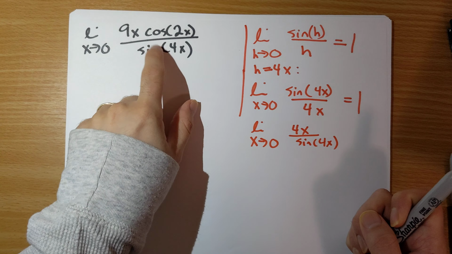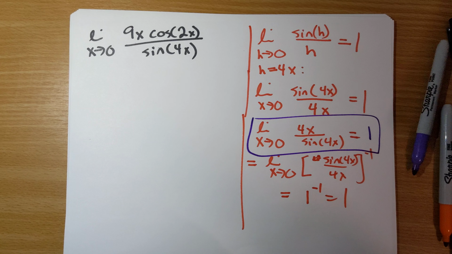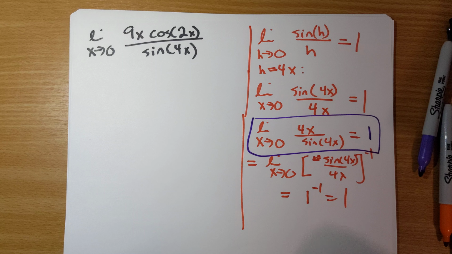By our limit laws, this is the limit as x goes to 0 of sine of 4x over 4x raised to the negative first power. And so this is just going to be 1 over 1, which is just 1. So the limit as x goes to 0 of 4x over sine of 4x is equal to 1.